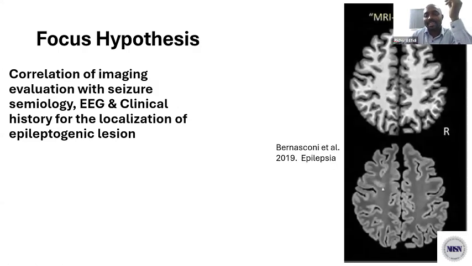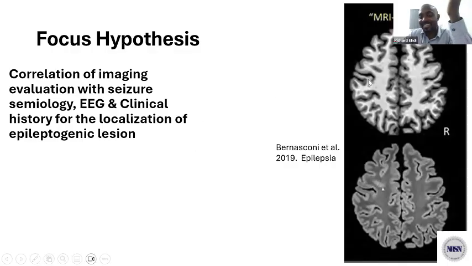And sometimes, in a case of MRI-negative epilepsy, especially in those cases where the lesion is subtle, the focus hypothesis will help direct us to a region where we should focus on, such that even if we identify a subtle lesion, we have a high index of suspicion that this is likely to be the cause of epilepsy.